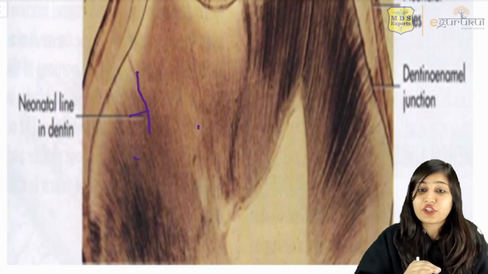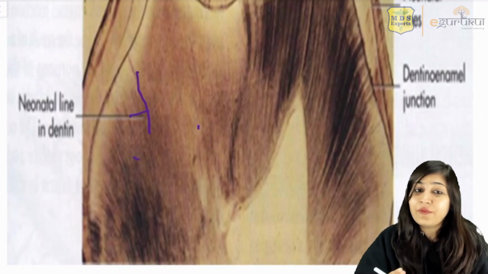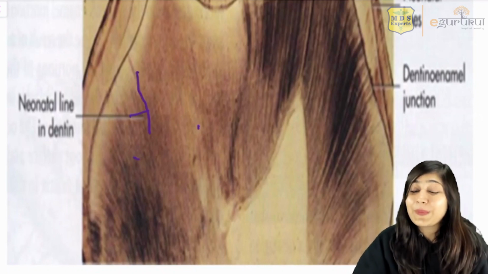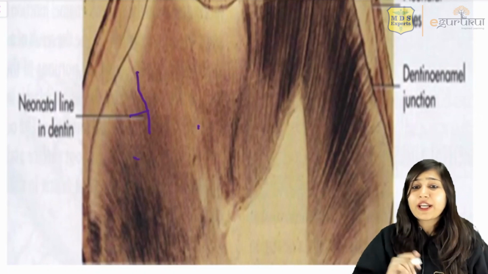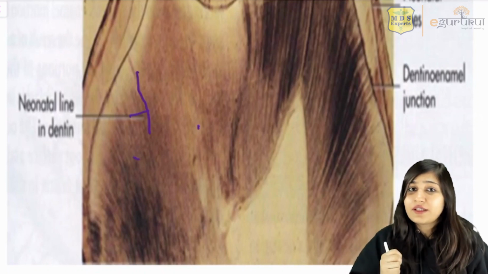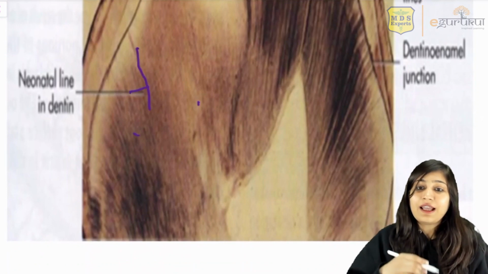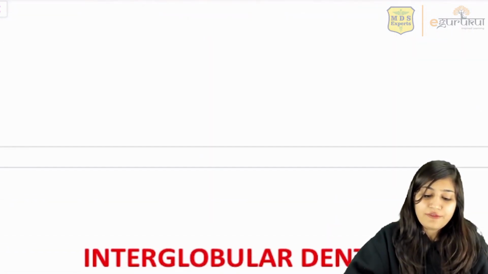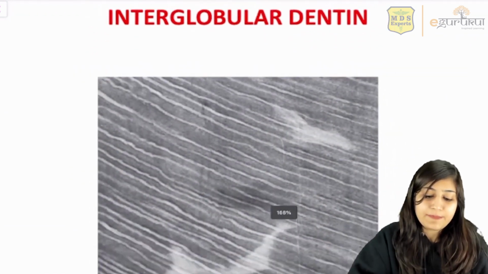Pre-birth enamel was differentiated from post-birth enamel. Same way here, neonatal line differentiates pre-birth from post-birth. And better quality was pre-birth dentin because it is in a protective environment. It gets sufficient nutritional supply and favorable environment for the growth, right? And after birth, there might be some disturbance, leading to accentuation of incremental lines, which is neonatal line.